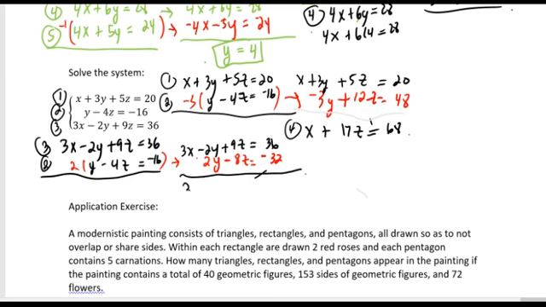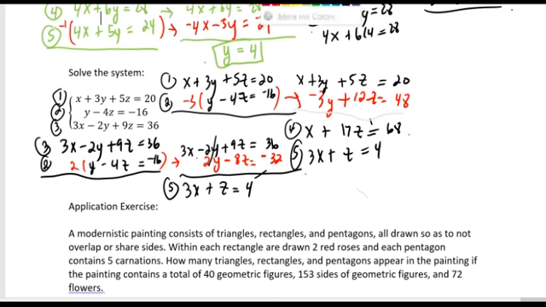So if I add these, I get 3x. This will become 0 plus z is equal to 4. So this is equation number 5. So we're going to add equations 4 and 5 together, or use them to eliminate our next variable.